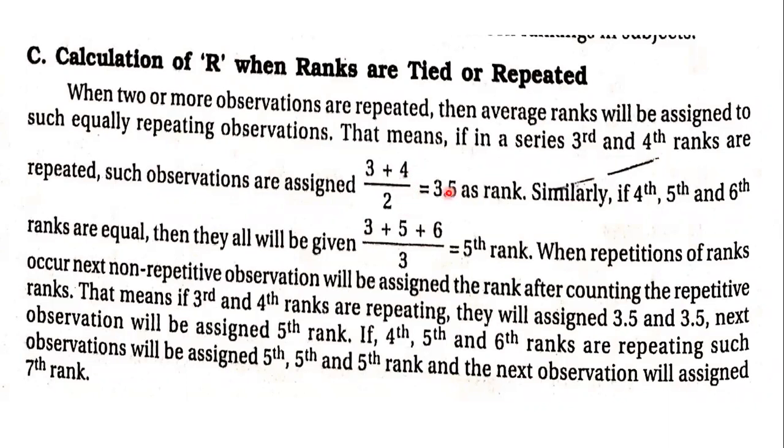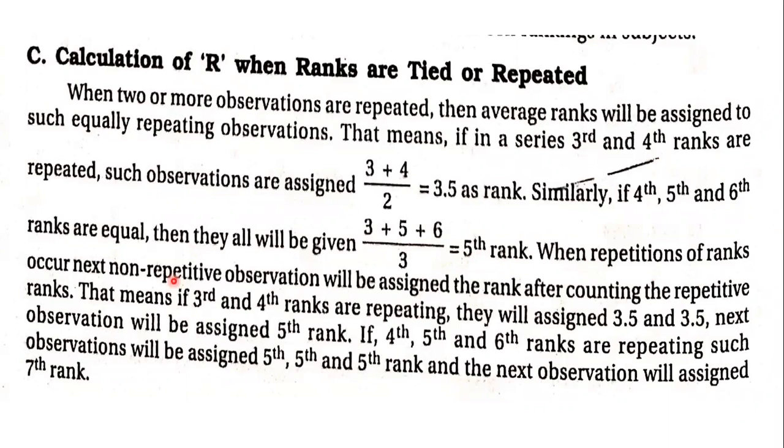So we will be assigning 3.5 as the rank for both of them. Fine. So if you have 3 ranks being repeated, you will take the average of that and assign that particular rank.